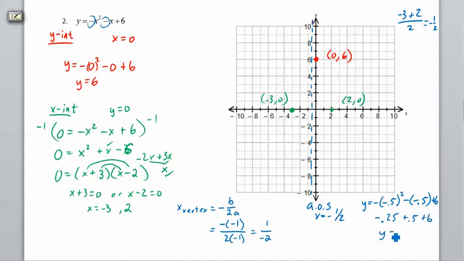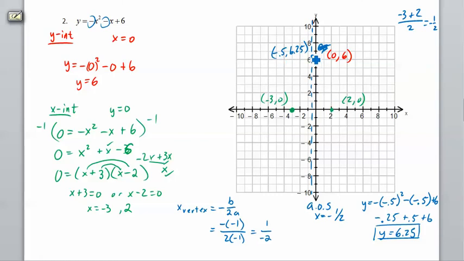The y value then is 6.25. All right, so there we go. Y equals 6.25. The x value was negative 0.5, so the vertex is negative 0.5, comma 6.25 right there.